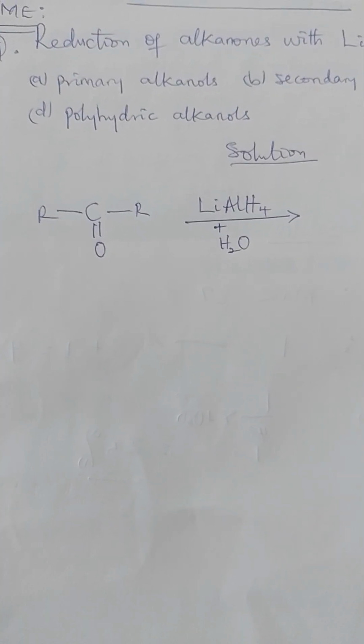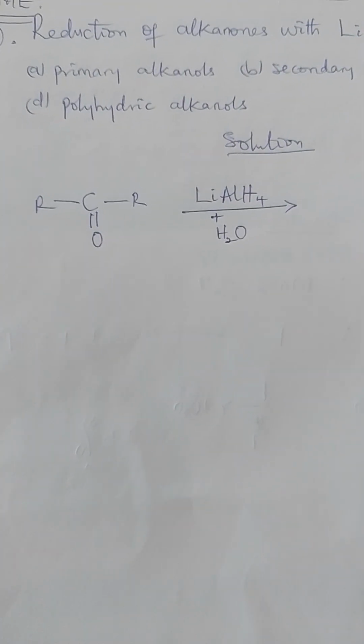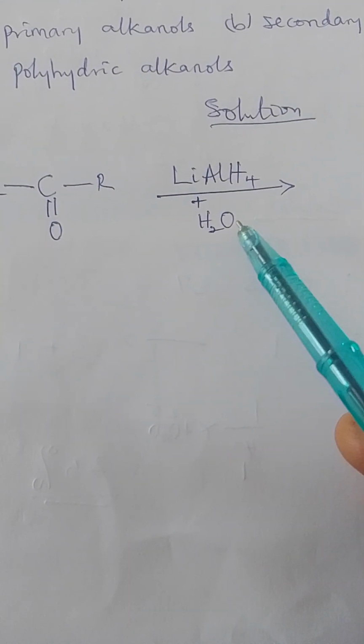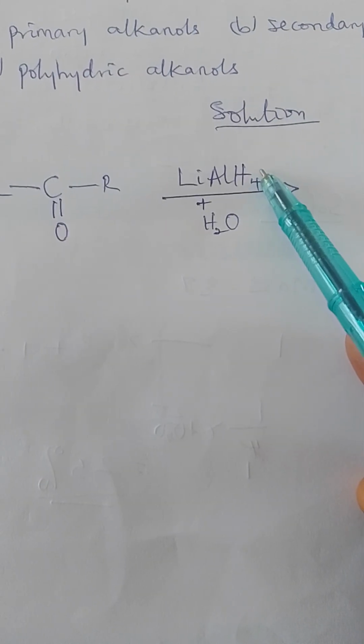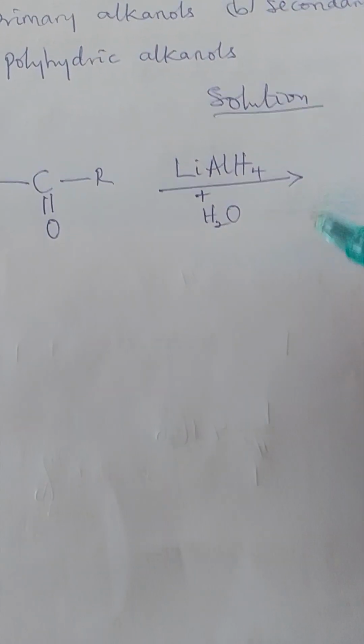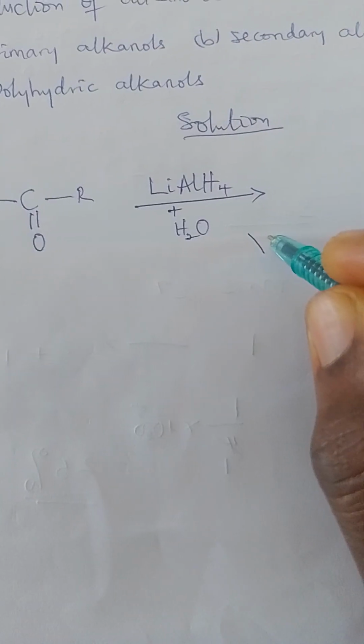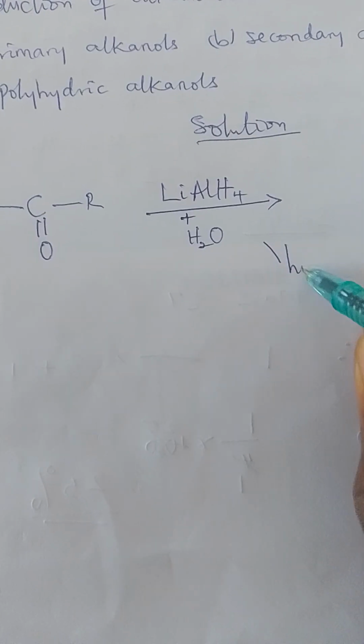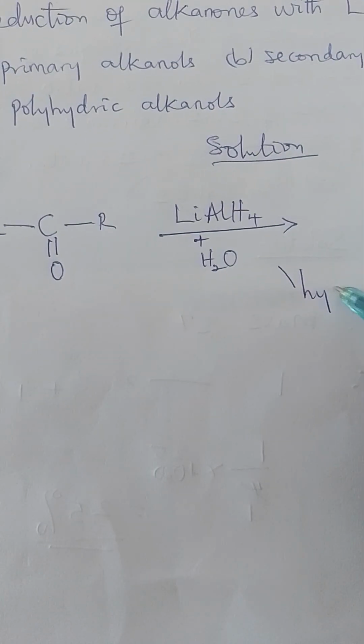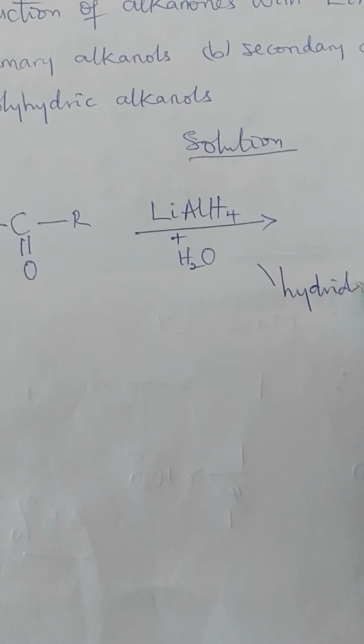Now, when water or acid reacts with this lithium aluminum hydride, it will produce what you call hydride ion. That is when it is under hydrolysis attack. It produces hydride ion.